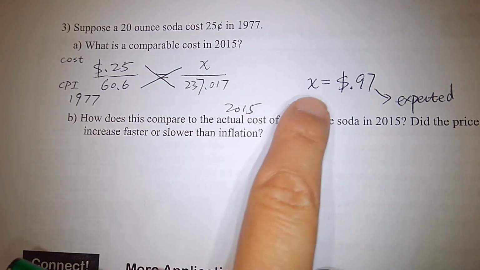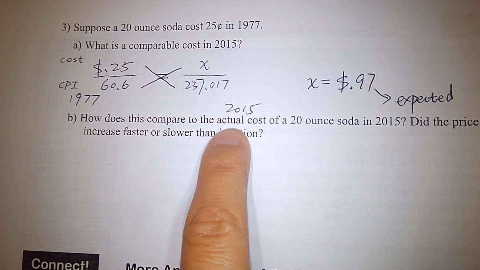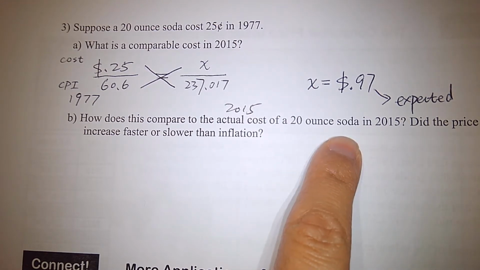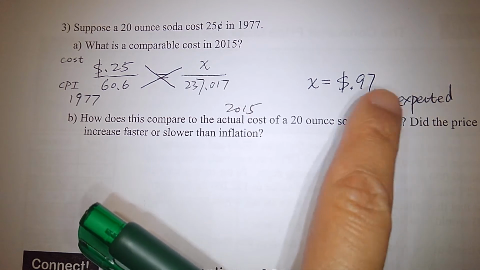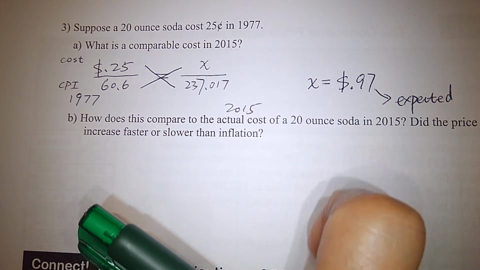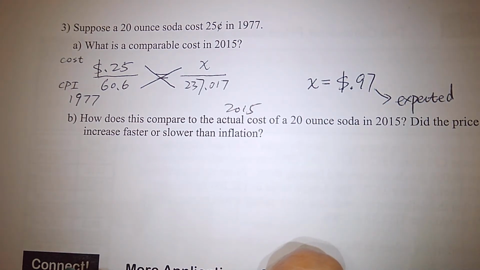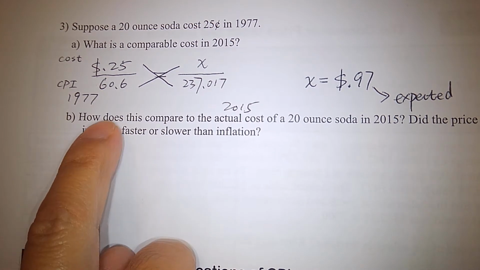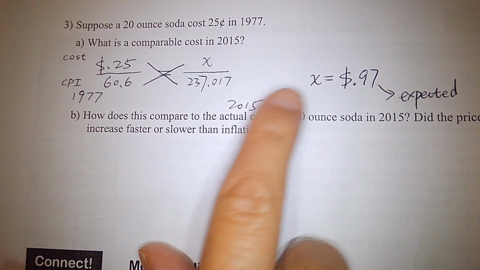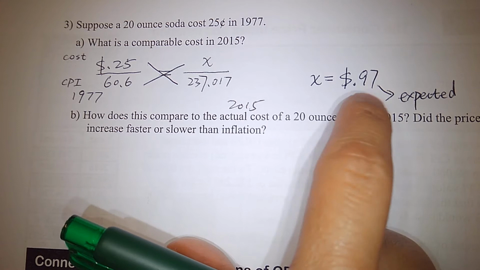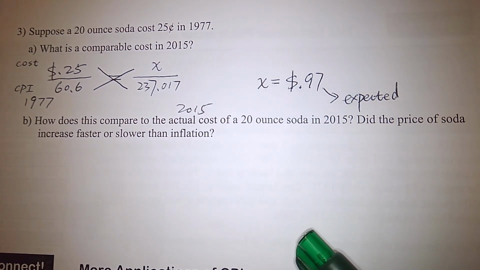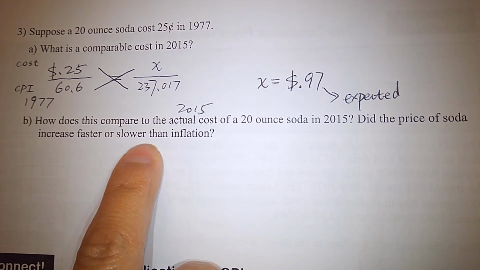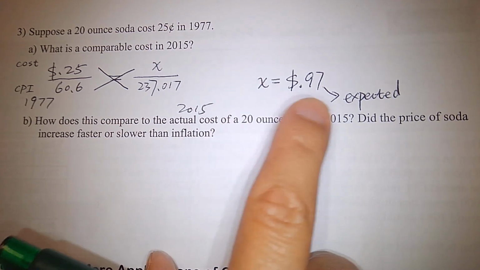How does this expected value compare to the actual cost of a soda in 2015? Do you think in 2015 a soda only cost us 97 cents? It's higher, right? So how to answer this problem? Compared to the actual cost, it is what? Lower, okay? So did the price of soda increase faster or slower than inflation?